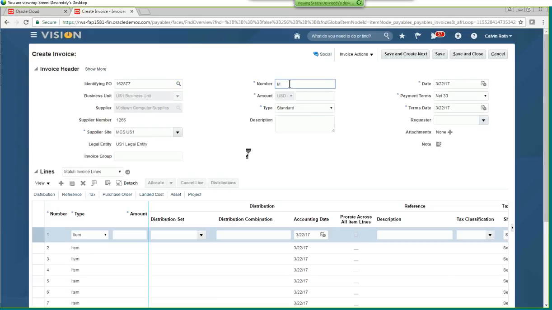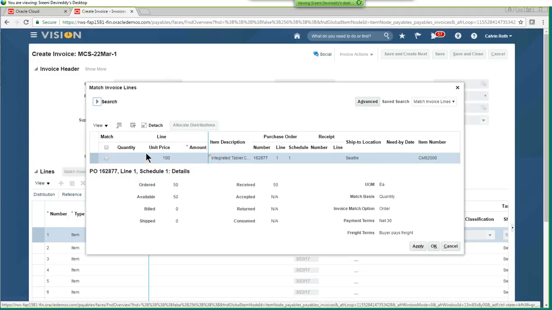You can give Midtown Computer Services as the name of the supplier, and let's see what's the date. 22nd March and 1. Yeah, so it's for 4,900 only. That's what we are trying to create an invoice for, and I'm going to match it to the PO lines.